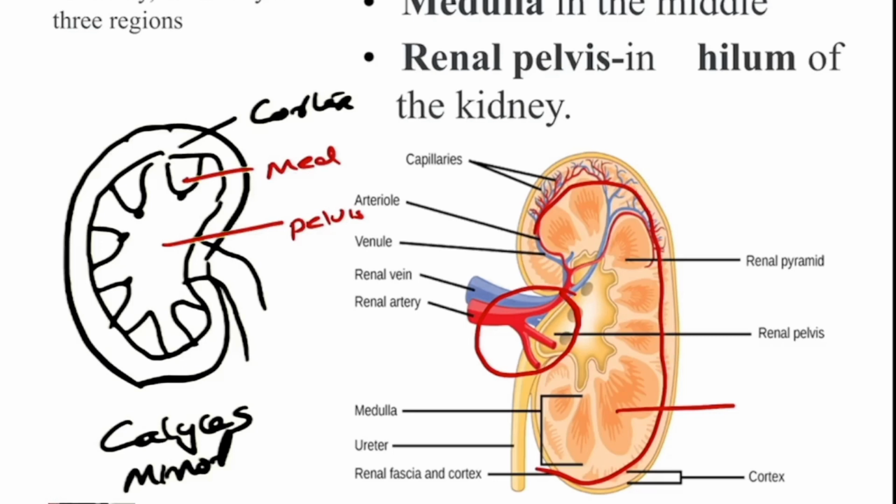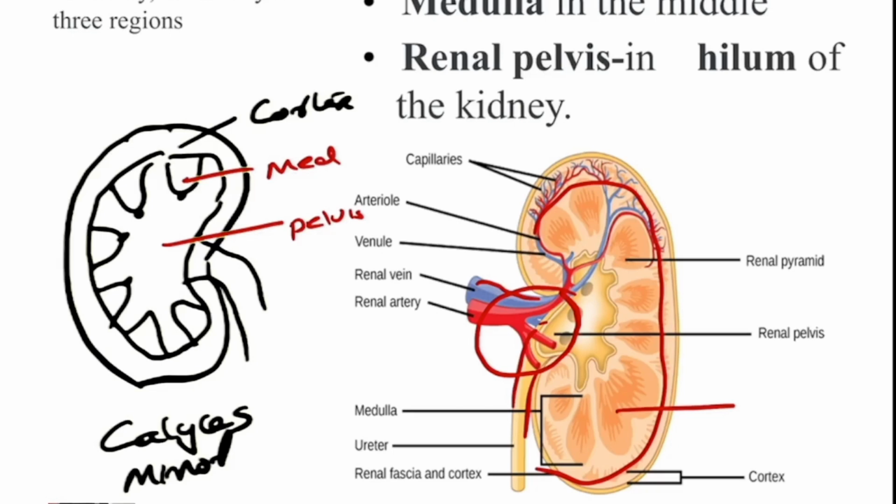In the medial aspect, the blood vessels are there and the ureter is going down. This part is called hilum. So what is hilum? Hilum is the area where the vessels are entering and the ureter is going out.